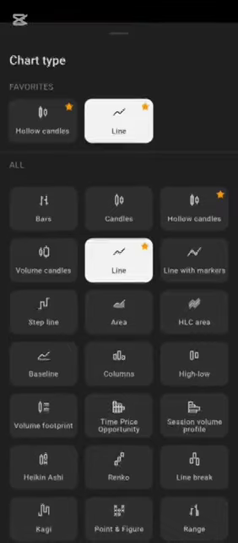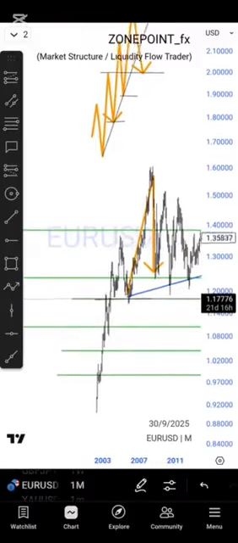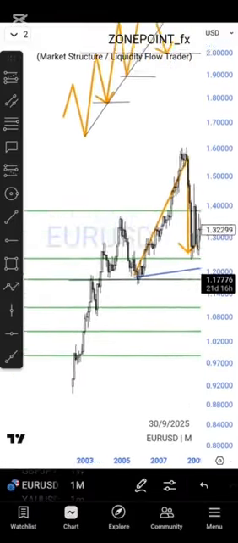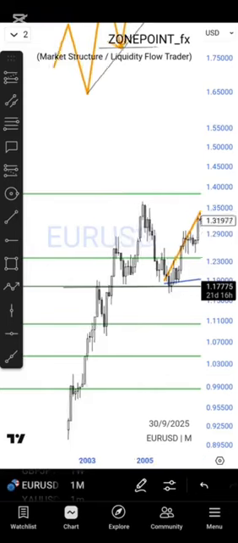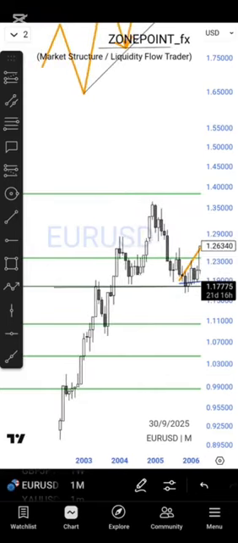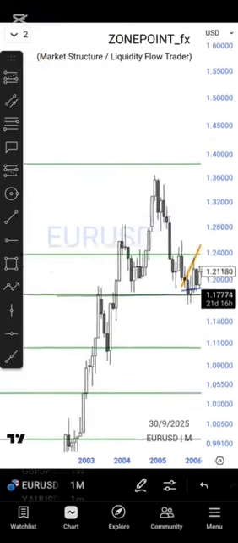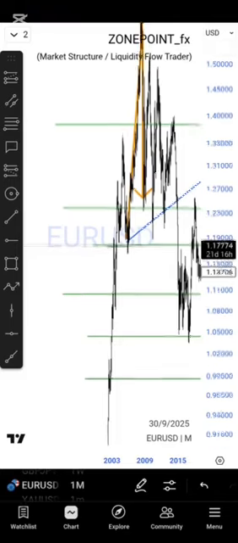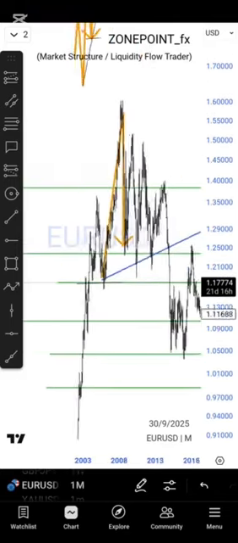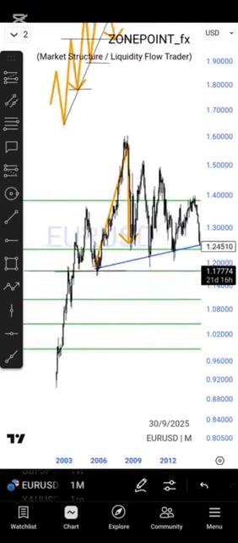Let's just change this to candlestick. Maybe another key level, and the key level I saw and marked, I'll be marking this level here. But those are later things. I just want to explain one or two things there.